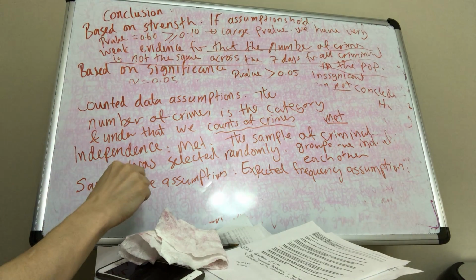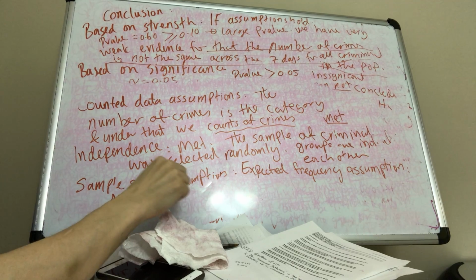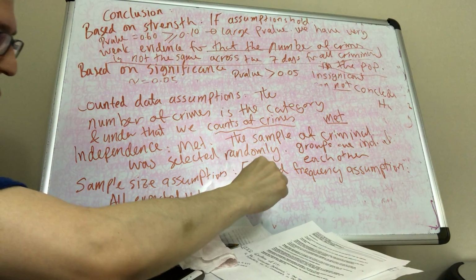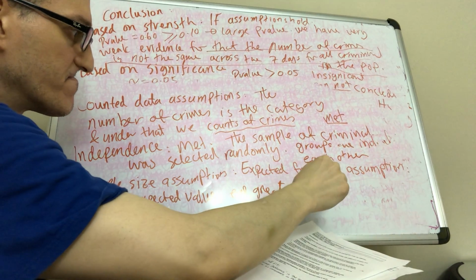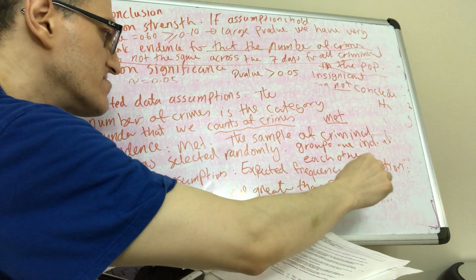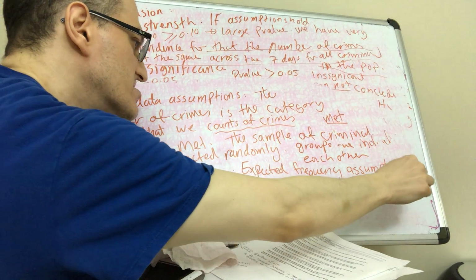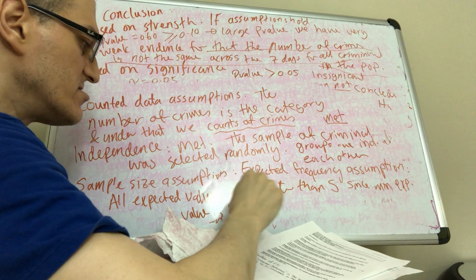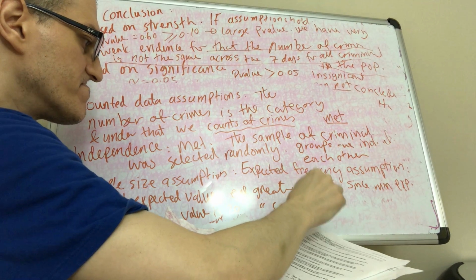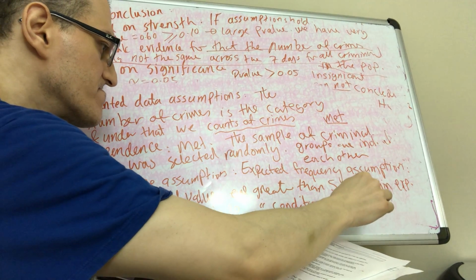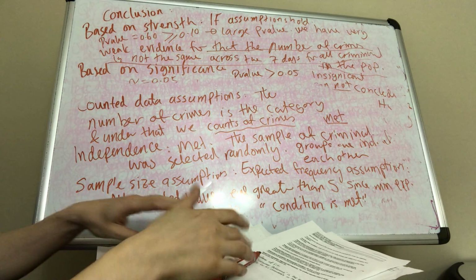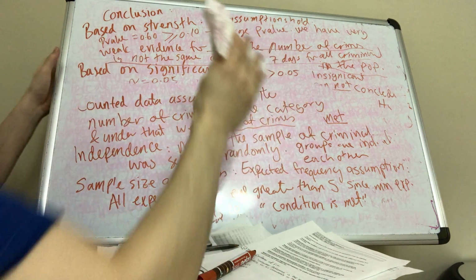So you say all expected values are greater than 5, since the minimum expected value is 20. So again, condition met. Okay, so this is all you need to know about the goodness of fit.